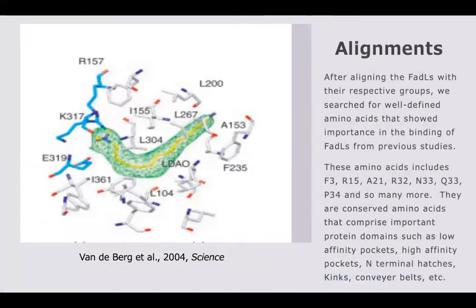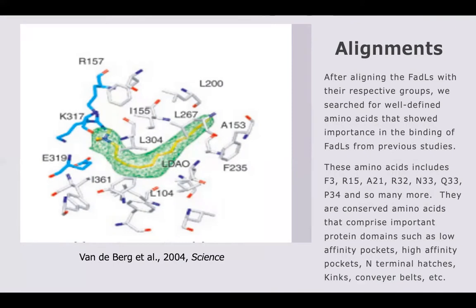Alignments. After aligning the FadLs with their respective groups, we searched for well-defined amino acids that show importance in the binding of FadLs from previous studies. These amino acids include F3, R15, A21, R32, N33, Q33, P34, and many more.